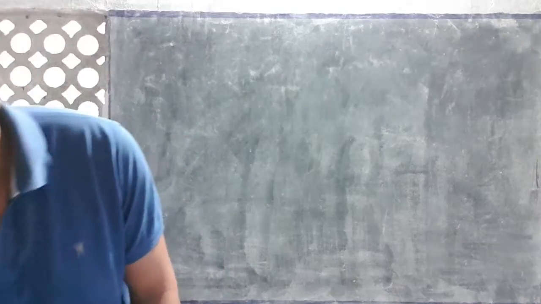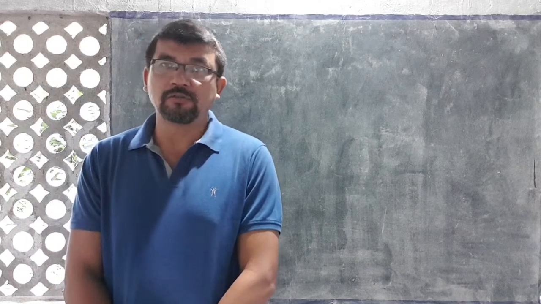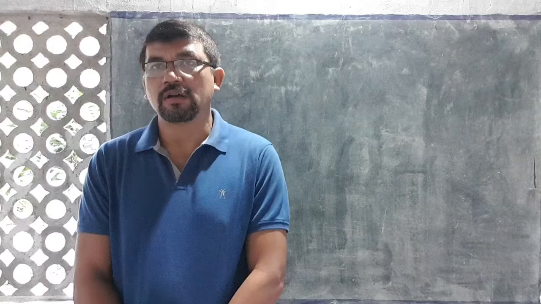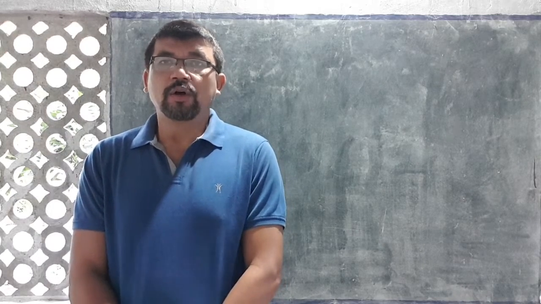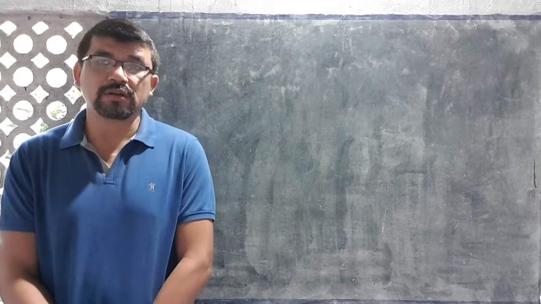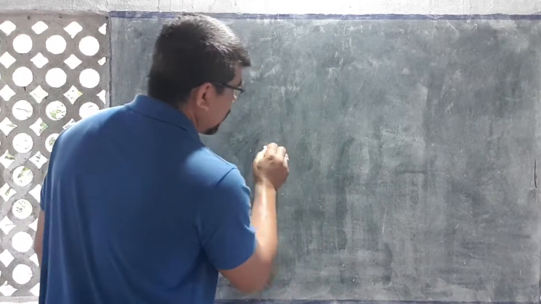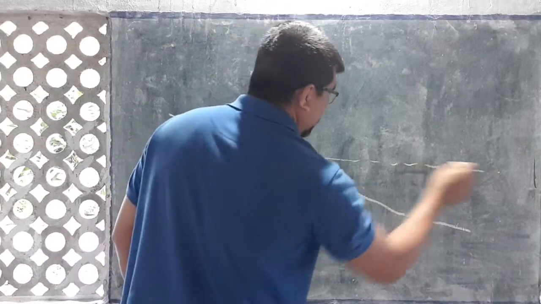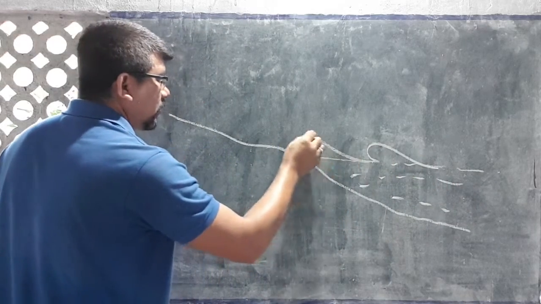You see, at the time of a tsunami, at the time of an earthquake, at the time of high tide, or at the time of a strong storm in the ocean, waters generally bulge out with huge sea waves. Suppose this is the sea, and waves are coming in this way.